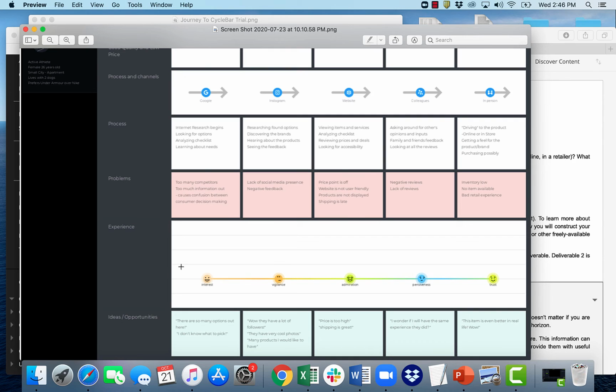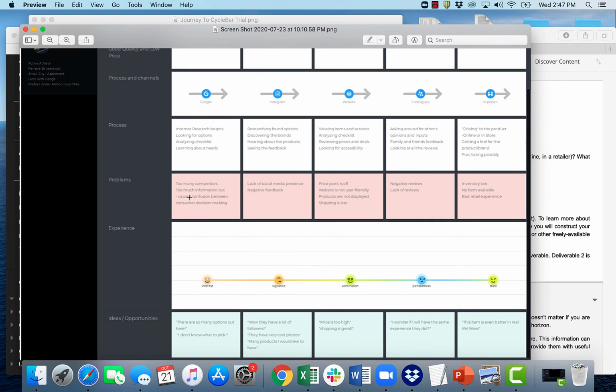And here with the experience, we see the emotions that are listed, and those are good, but we also want this wave, right? So interest is a relatively higher emotion, vigilance might be a little bit lower, admiration might be higher, pensiveness might be lower. So in addition to visualizing these emotions better, I would also say that these emotions don't necessarily map on directly to the process.